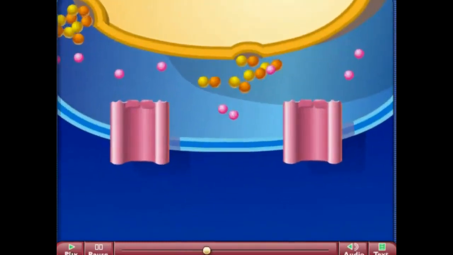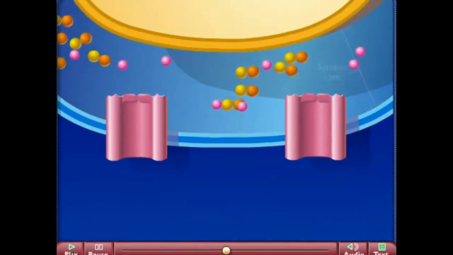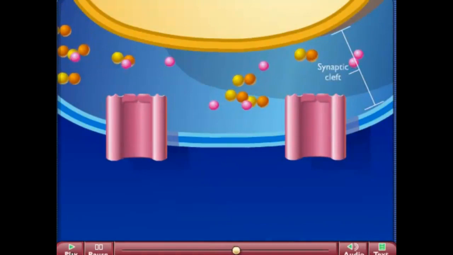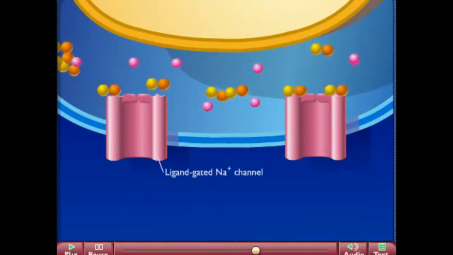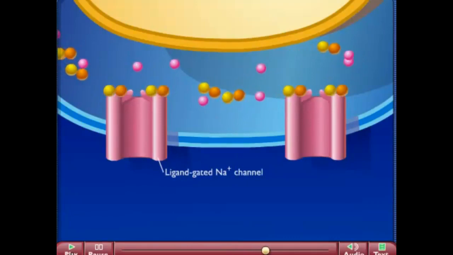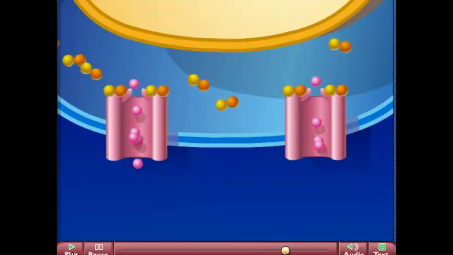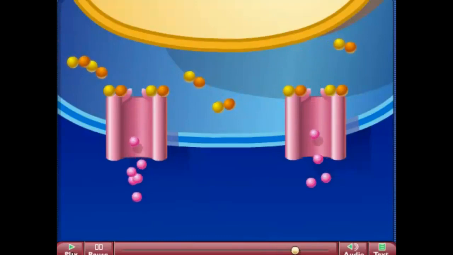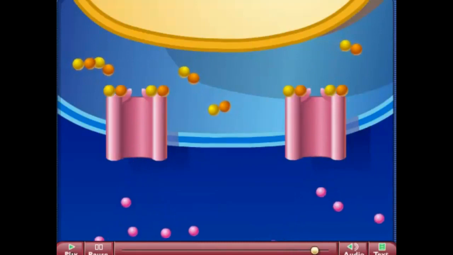Acetylcholine molecules diffuse from the presynaptic terminal across the synaptic cleft and bind to their receptor sites on the ligand-gated sodium ion channels. This causes the ligand-gated sodium ion channels to open and sodium ions diffuse into the cell, making the membrane potential more positive. If the membrane potential reaches threshold level, an action potential will be produced.